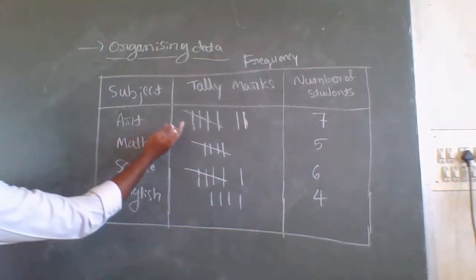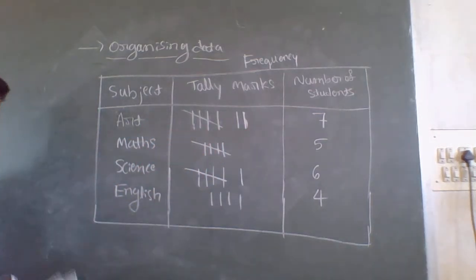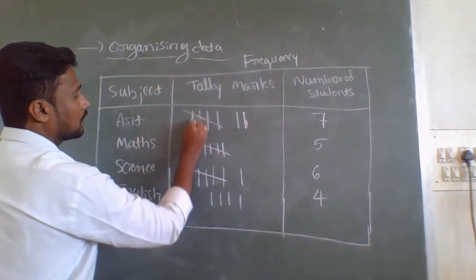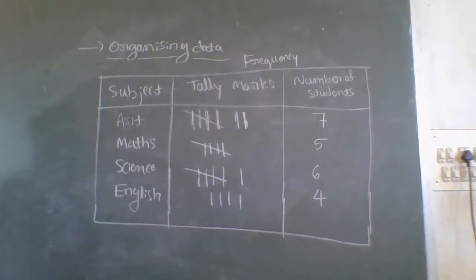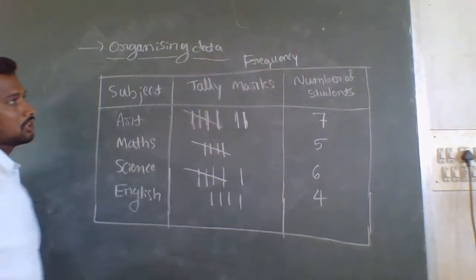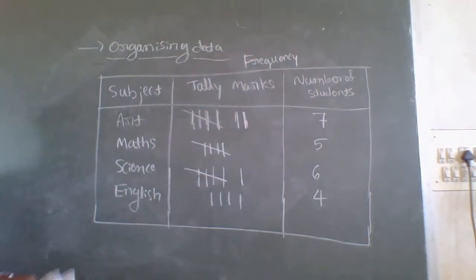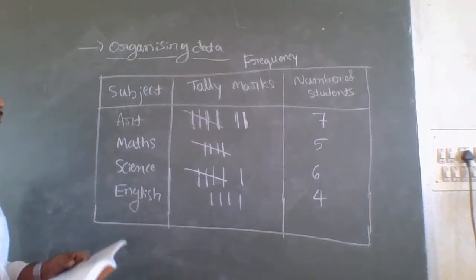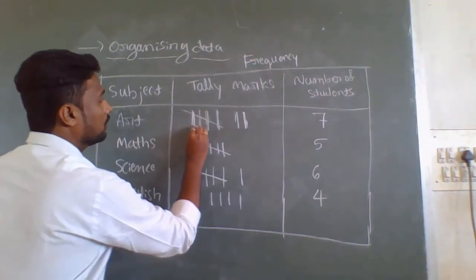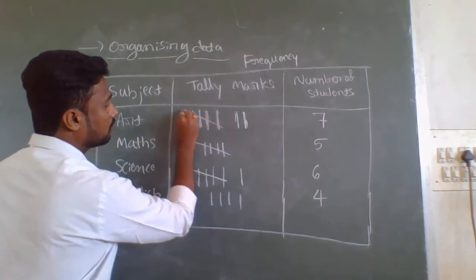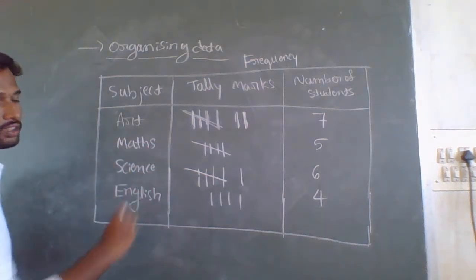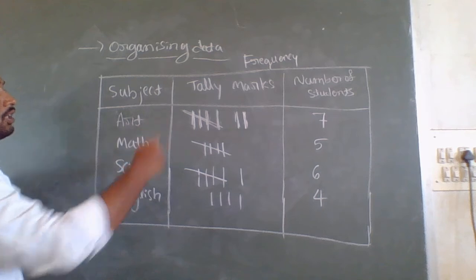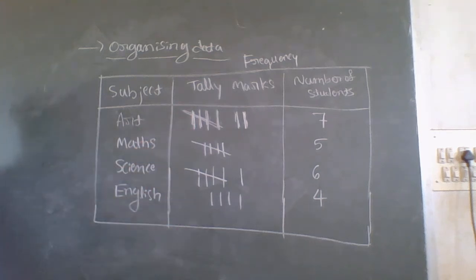Here, 7 times, because 7 students like art. For maths 5, science 6, English 4. So frequency always gives the number of entries in a table.